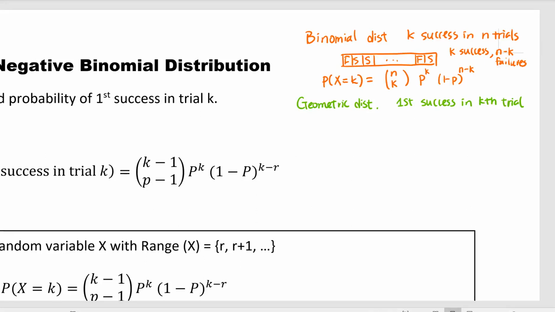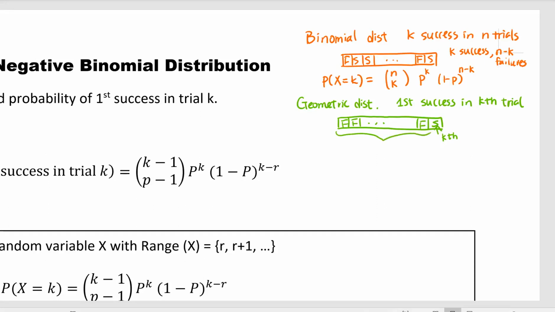And for the geometric distribution, what's the picture? Here we know the last one is the first success, in the K trials. So all of the previous ones are failures.